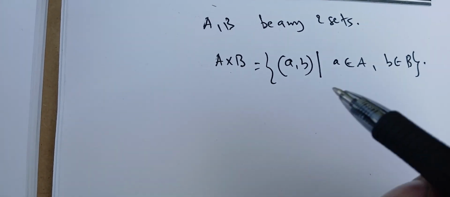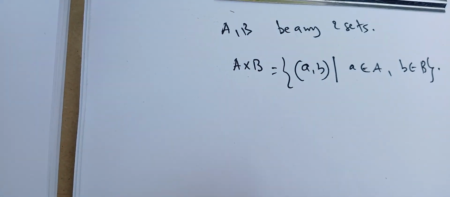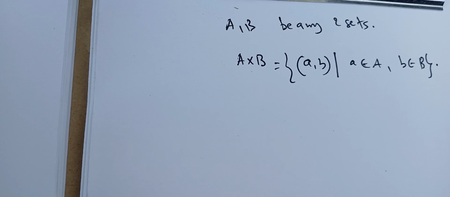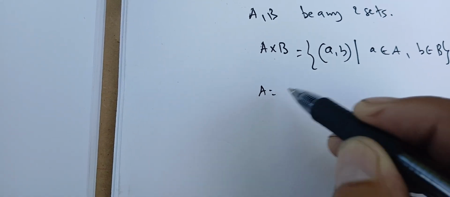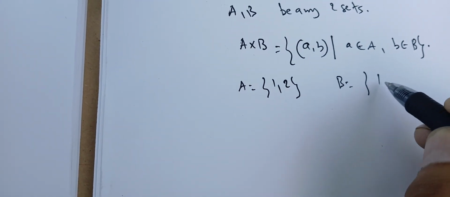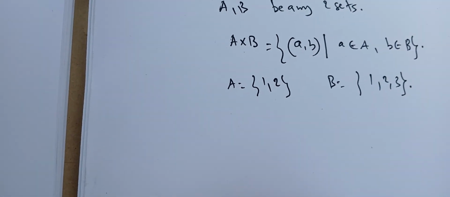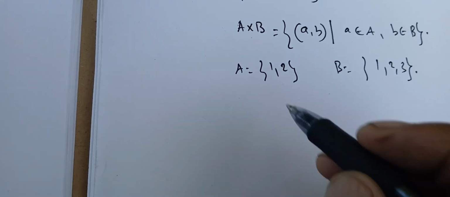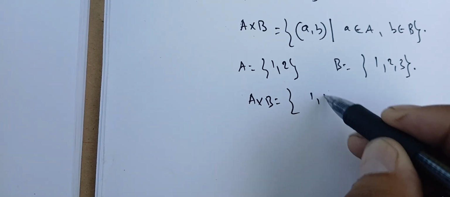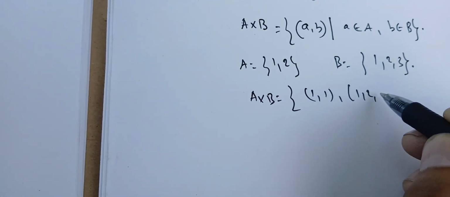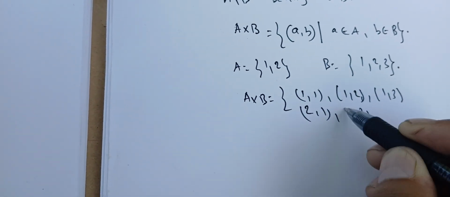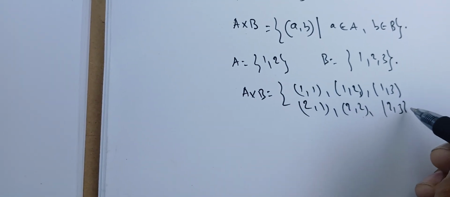We will see later that we can extend this definition to more than two sets. For instance, if A is the set that has two elements, 1, 2, and B is the set that has 1, 2, and 3, we can find A cross B. It's going to be (1,1), (1,2), (1,3), (2,1), (2,2), (2,3).